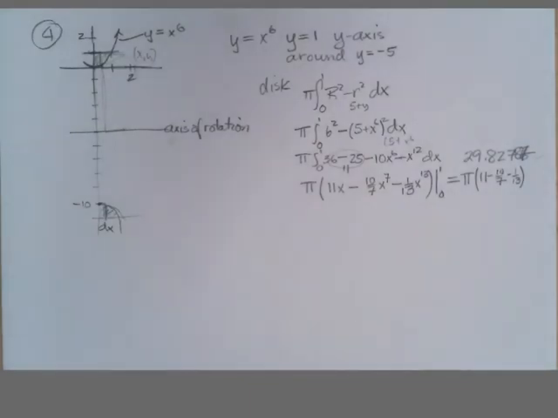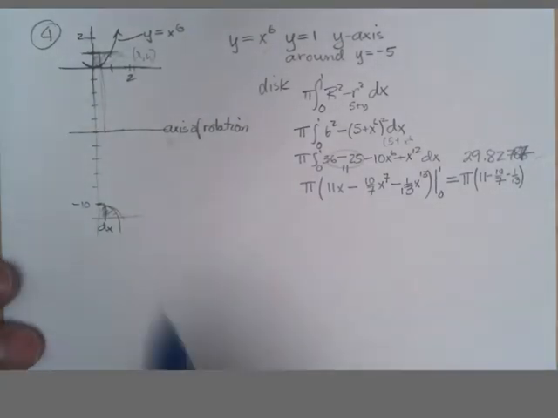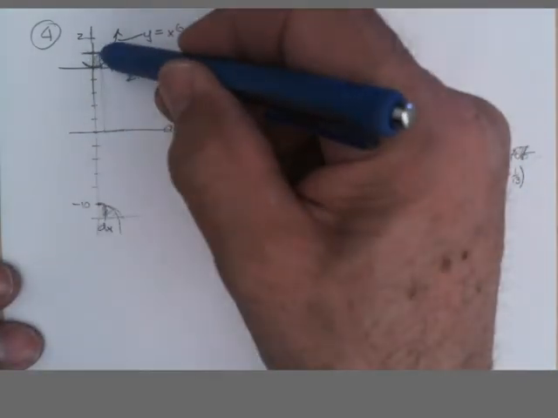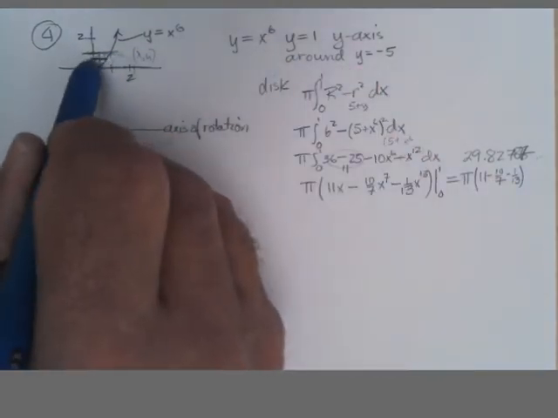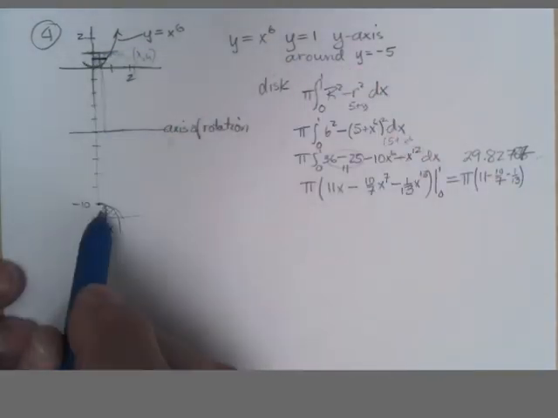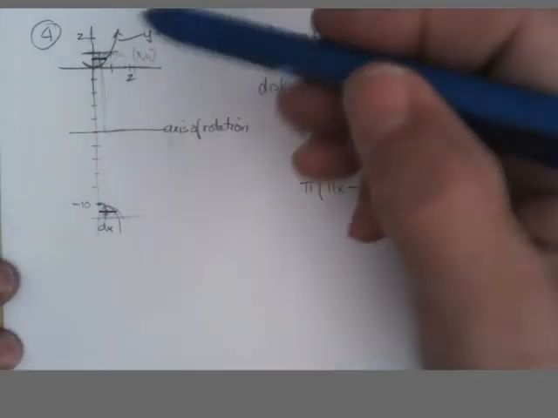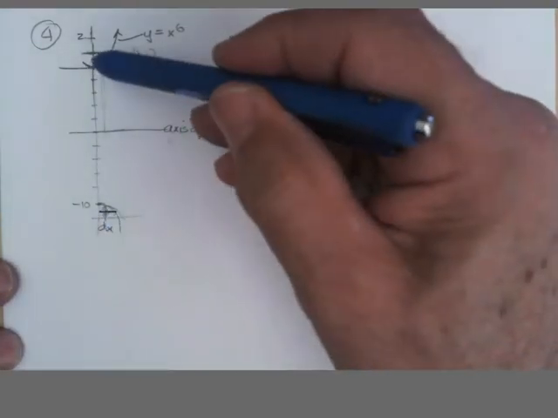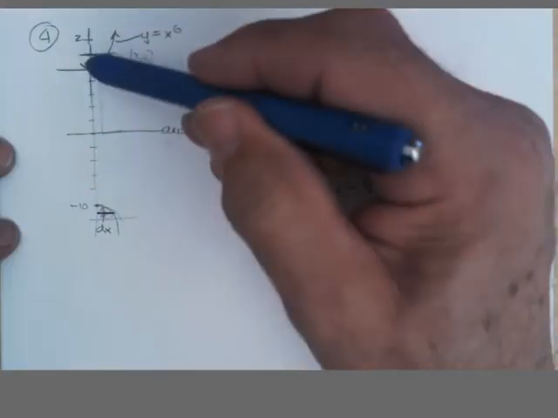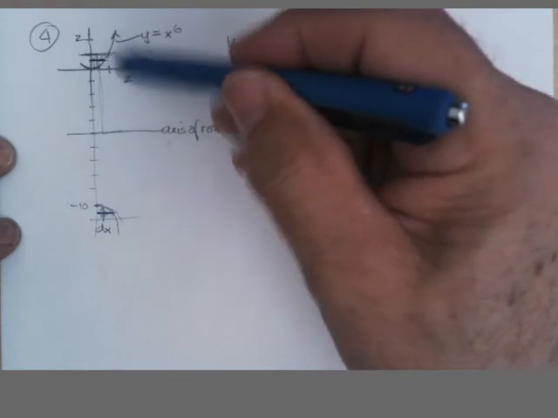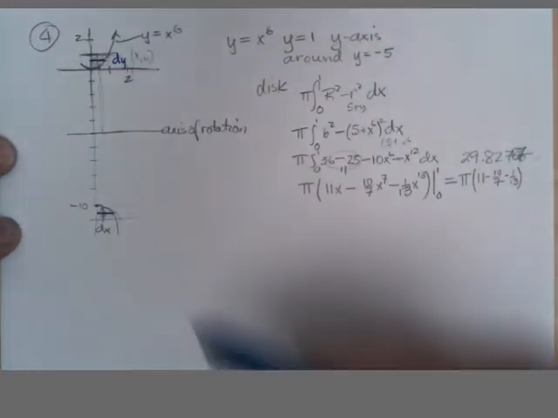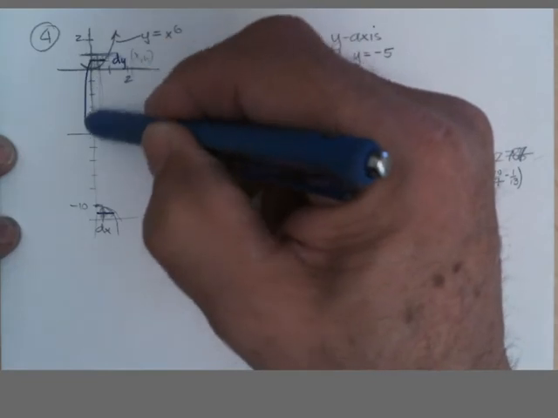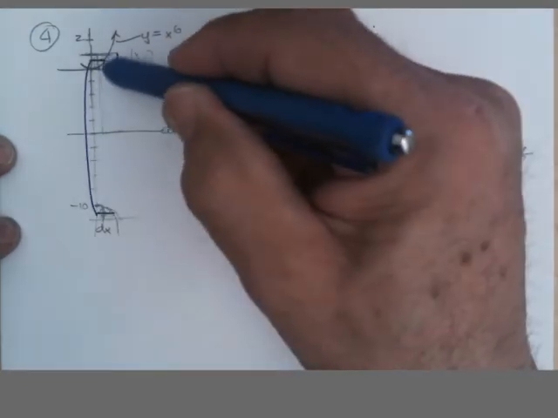Okay, now let's do this one with the ring method. So instead of slicing it perpendicular to the axis, we slice it horizontal, parallel with the axis. So this would cause a piece of pipe that's really short. Its thickness is up and down, so its thickness is dy, and its radius is really long.